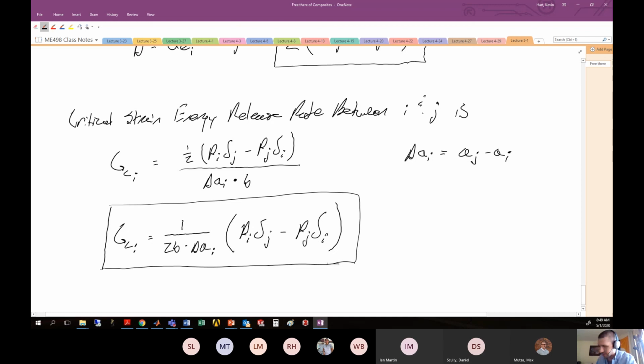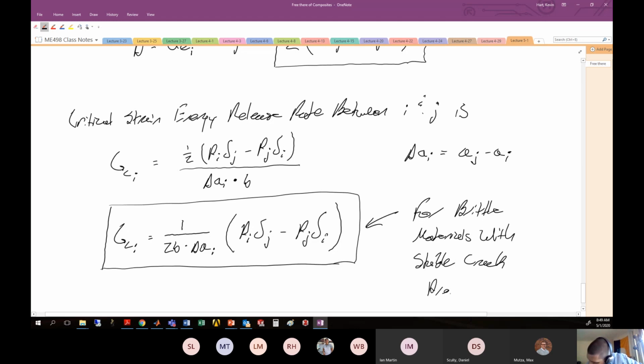This is what you'll normally see in any fracture mechanics textbook for brittle materials that undergo stable behavior.